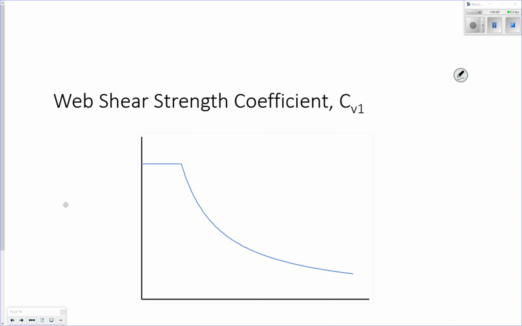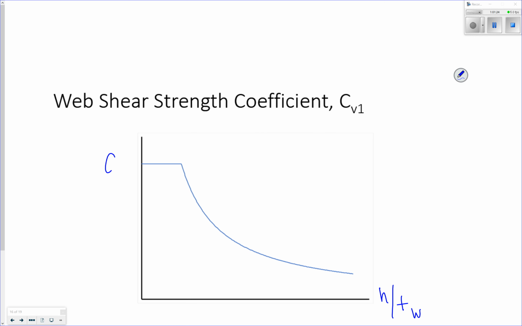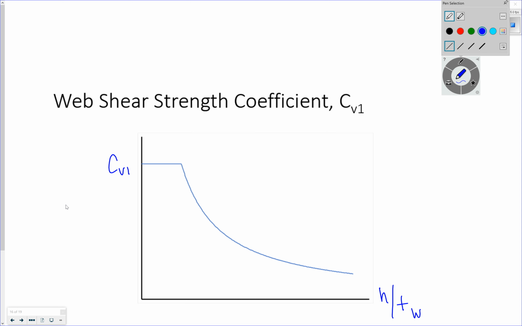If I look at a chart, we love our buckling charts, right? We have my slenderness ratio of my web. Remember, it's a ratio, it doesn't have units. And then my CV1 factor on the y-axis. Get to draw in this lovely line right here.